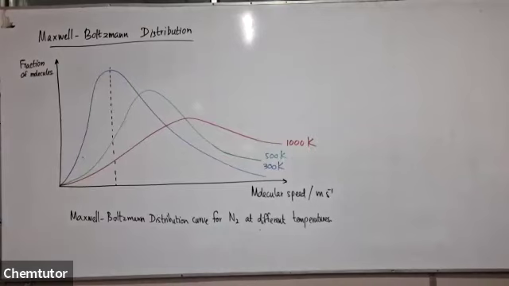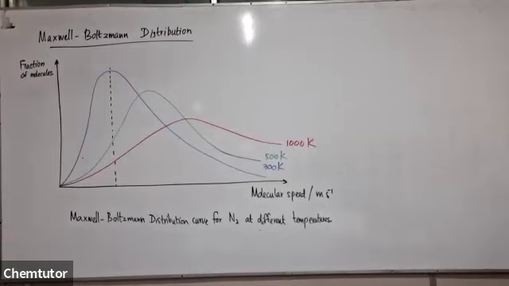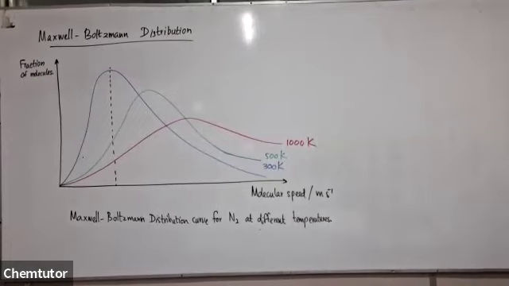So that is the Maxwell-Boltzmann distribution for nitrogen gas at different temperatures. Right, finish.